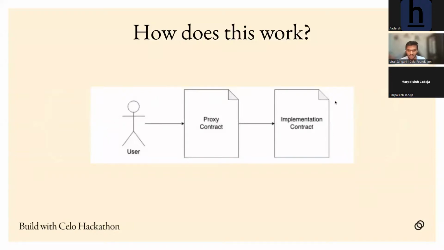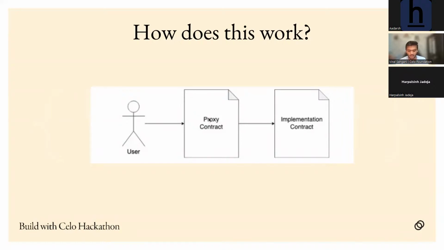If, let's say, you have a function called hello world in your implementation contract, the user won't be directly calling that function. The user will first call the proxy contract, and the proxy contract will delegate that function call to the implementation contract. We are just adding a middle layer, a middle contract that will handle our storage and our function calls.